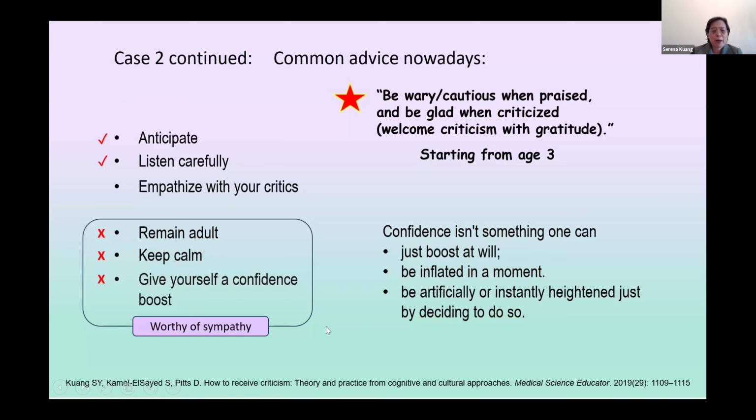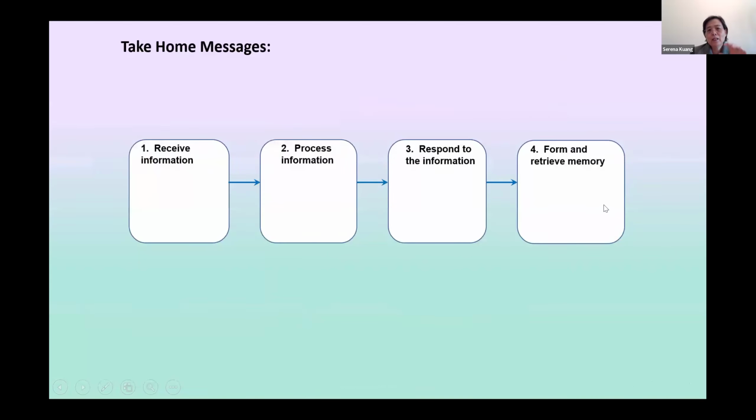And we have also published an article. If you search my name and this journal, Medical Science Educator, you will find our article. Basically, we want to address steps 2 and 3 of the common cognitive process, which are very much underemphasized.